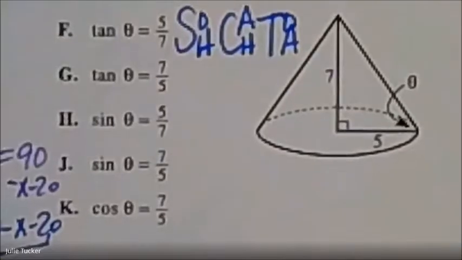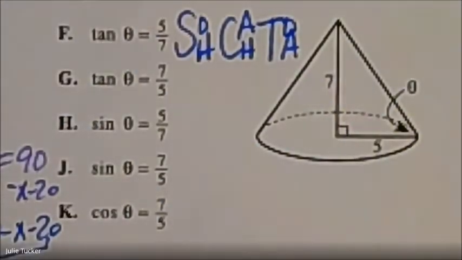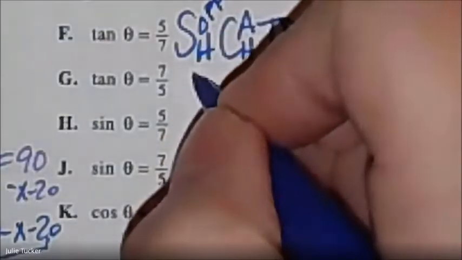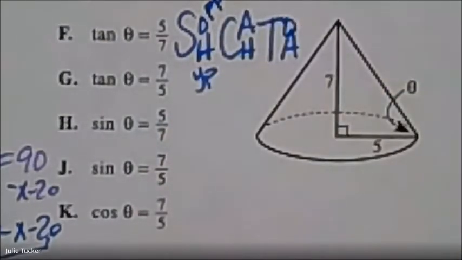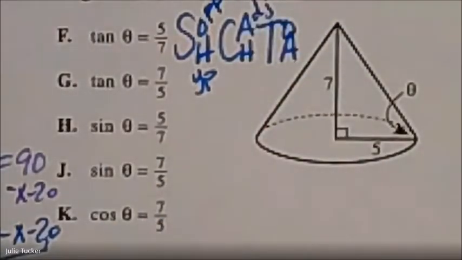So if I start at the theta, which one is 7? Is it the O, the H, or the A? Do you remember what the O, the H, and the A stand for? O is for opposite side, H is for hypotenuse, A is for the adjacent side.